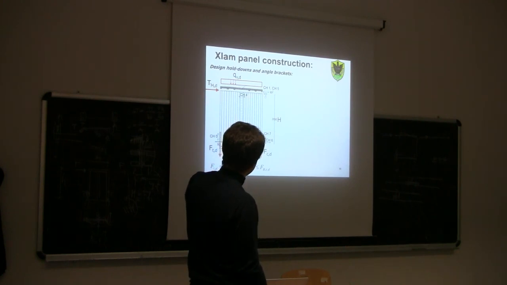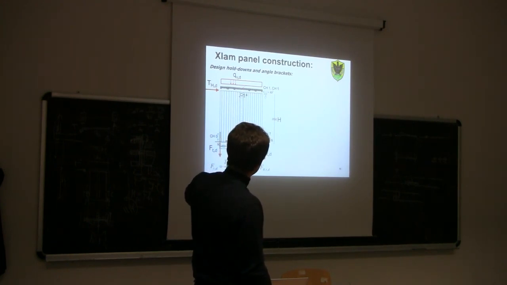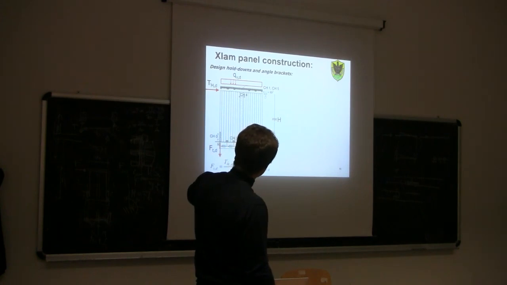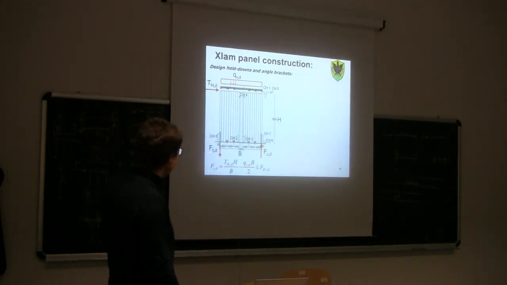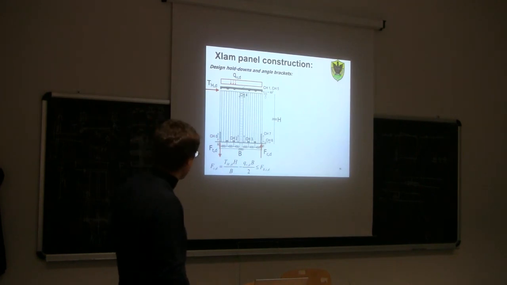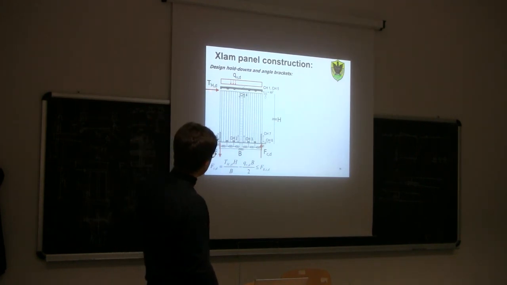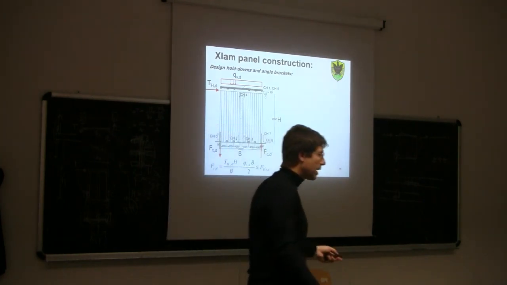So, THD times H minus QVD times B divided by 2 minus FCD minus FTD times B equal to 0. In the end, from this equation, you get that FTD, so the axial uplifting force in the hold-down, will be the destabilizing bending moment, so THD times H divided by B, minus QVD times B divided by 2. So this is the strength demand in the hold-down.